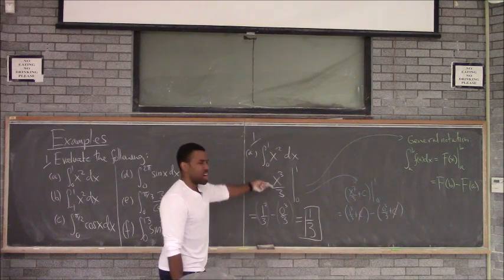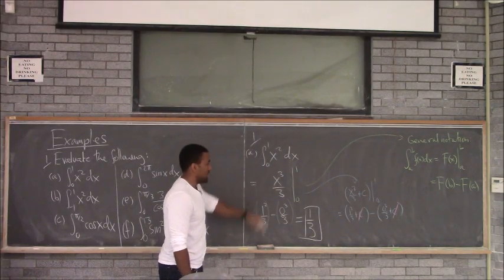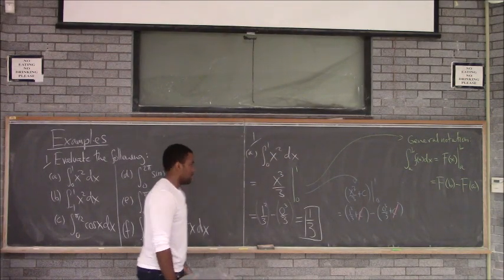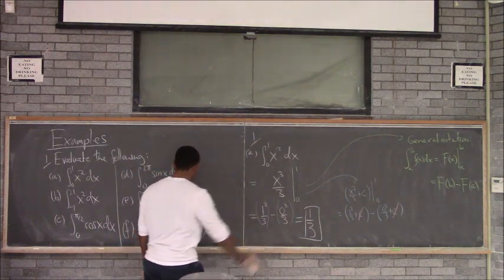So don't waste your time. You just write the variable part of the antiderivative, and you put that. So you don't need the plus c for a definite integral.